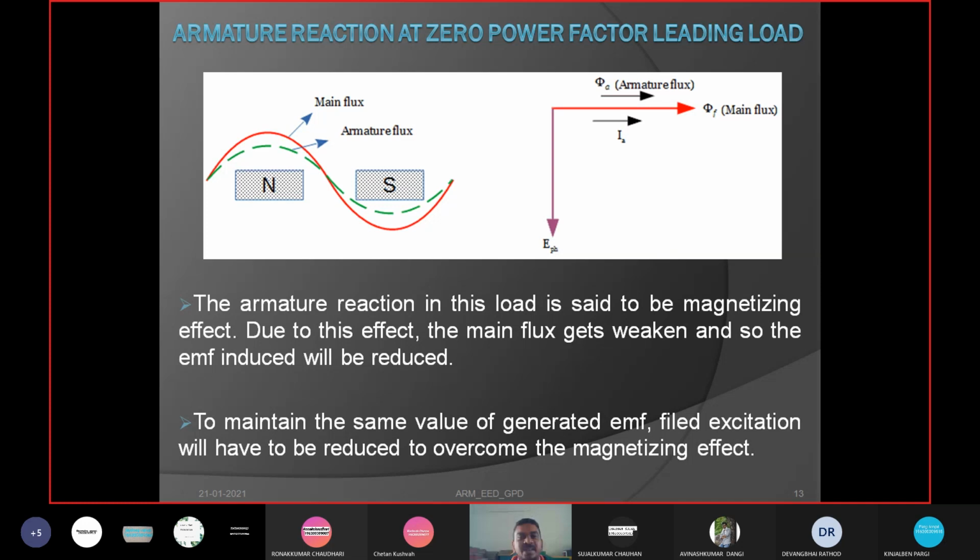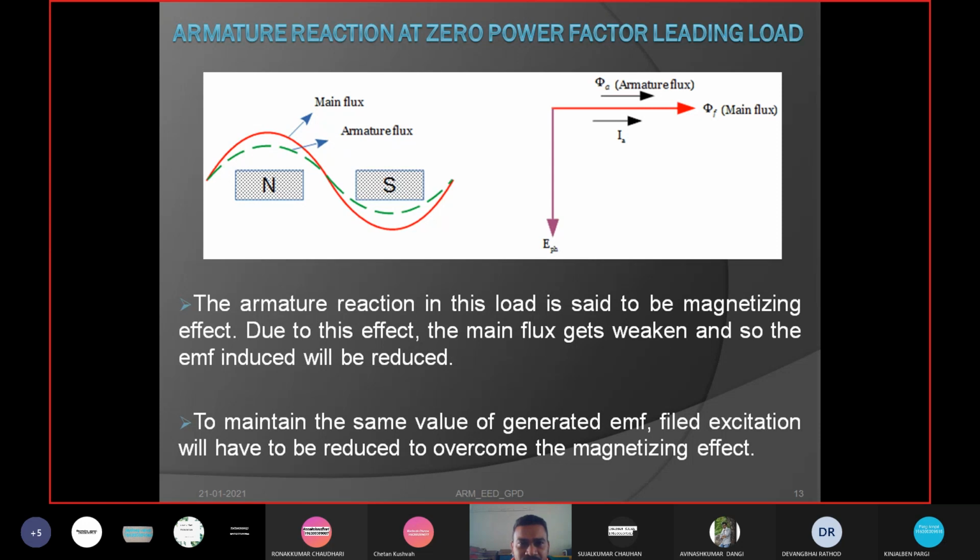So when a leading power factor load is connected, the armature flux and main field flux are in phase with each other, the armature flux assists the main field flux, and finally the main field flux increases. This effect is known as the magnetizing effect.